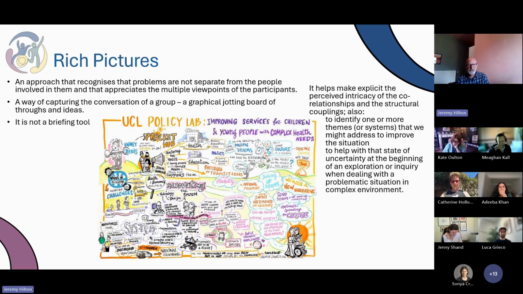The other way I've used rich pictures is if you're having one-to-one conversations with people, and certainly in different organizations where they might not necessarily share thoughts publicly, they might share personal thoughts. So what you can do with the rich picture is start building a collective view of all the one-to-one conversations, which actually anonymizes the points that are put down on that rich picture.